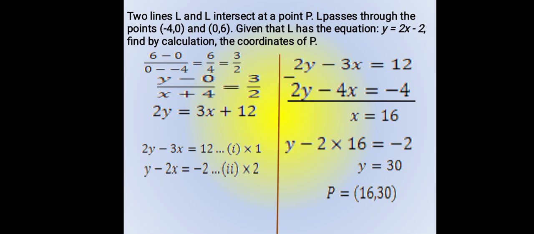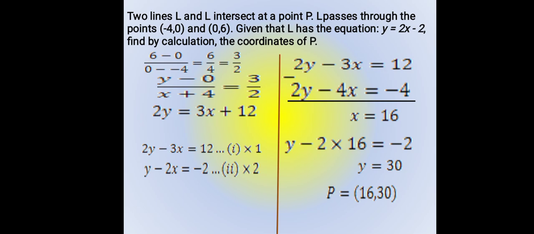Now we are told that the line L2 has the equation y is equal to 2x plus 2. Find by calculation the coordinates of P. Now, what does it mean?